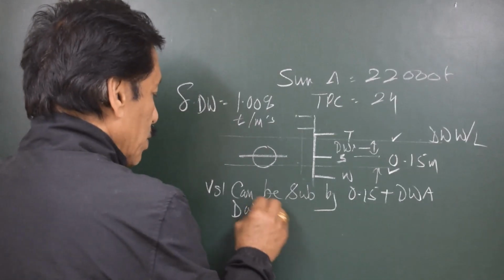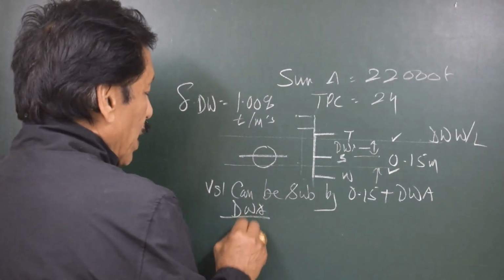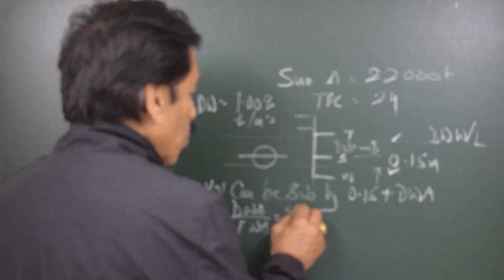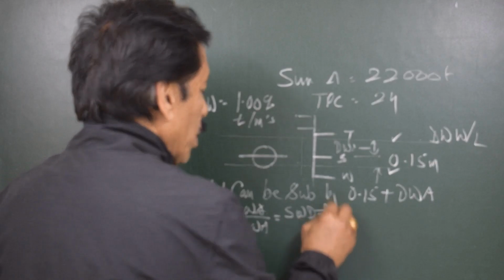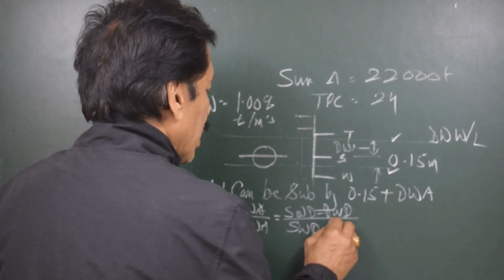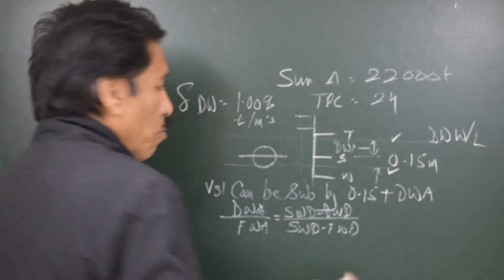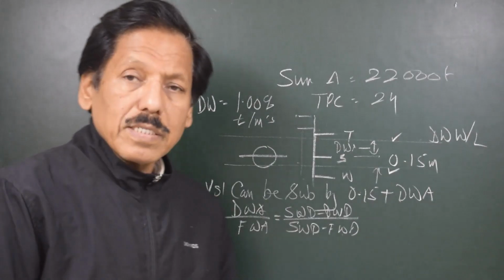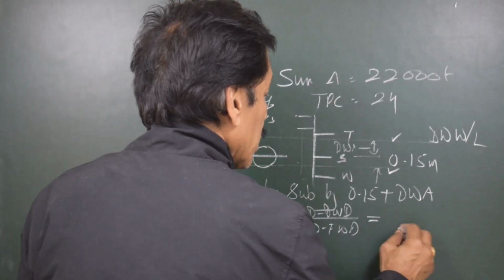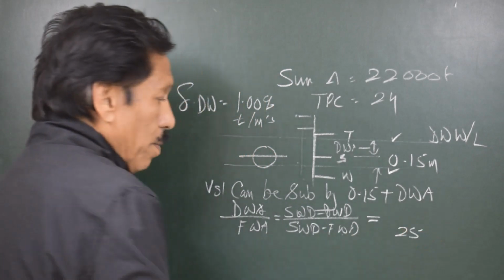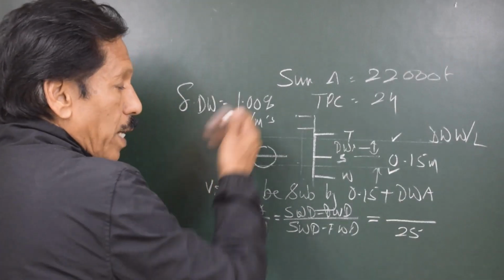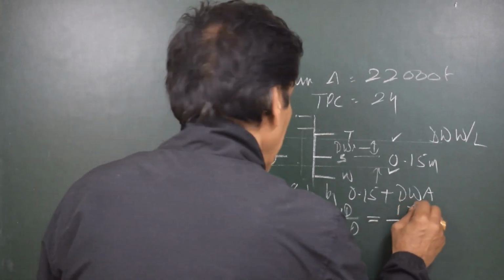Dock water allowance upon freshwater allowance is equal to salt water density minus dock water density, upon salt water density minus freshwater density. So if we consider the density as kilograms per meter cube, the denominator is 25, that is 1025 minus 1000, and the numerator would be 1025 minus 1008, that is 17.